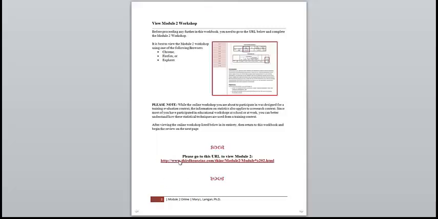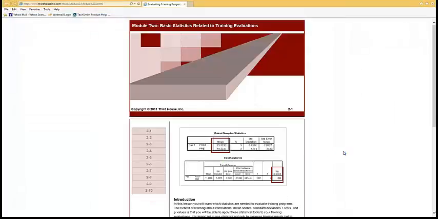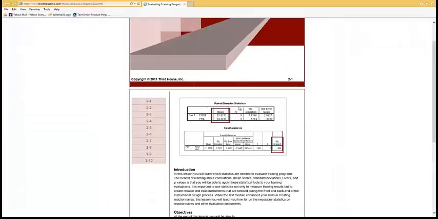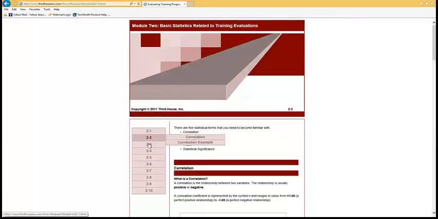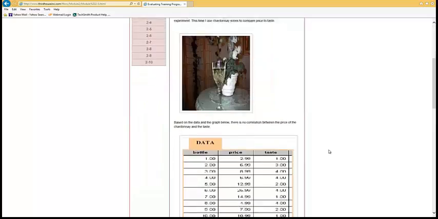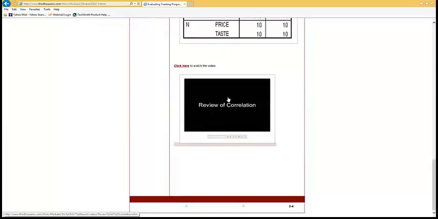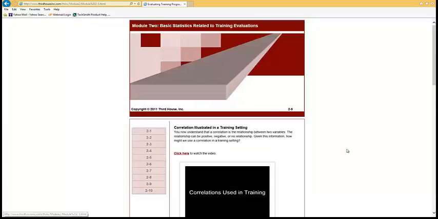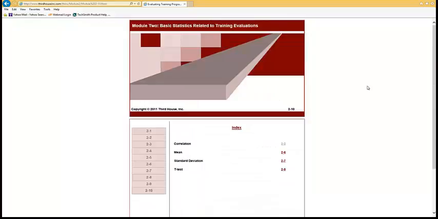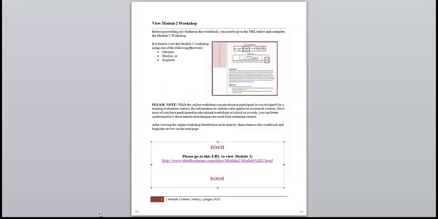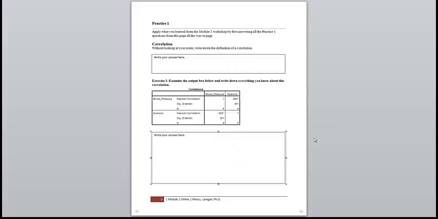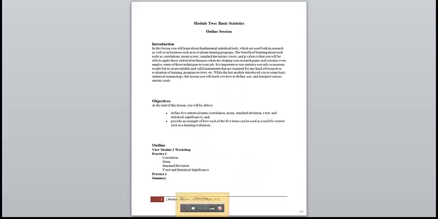So you're going to stop the video now and go to this link, which will pull up this workshop, and you can see there are different web pages you're going to have to go through. There are videos in there, and there are 10 screens in this particular workshop. Once you're done with this, you're going to come back to this workbook. Okay? So stop the video now.